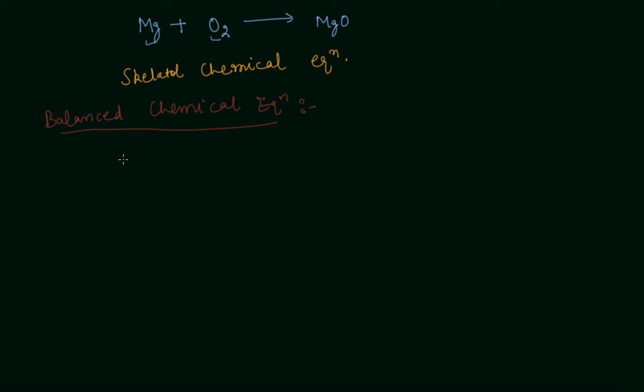Zinc plus sulfuric acid, H2SO4, gives rise to ZnSO4 plus H2. This is zinc, sulfuric acid, this is zinc sulfate plus hydrogen gas.